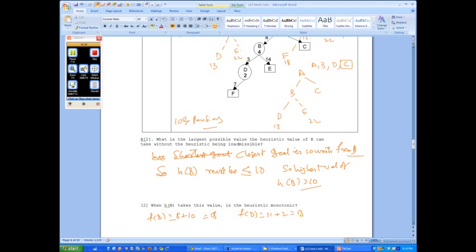So that means, in essence, f of B is higher than f of D. And so in fact the f value did not increase, it actually reduced. Okay, so the heuristic is not monotonic.